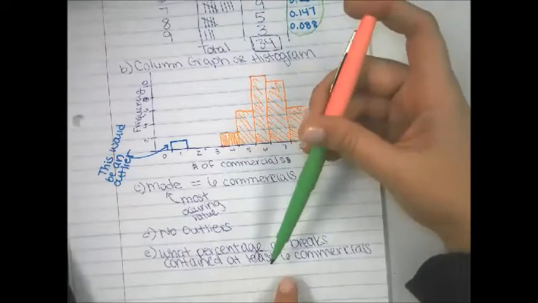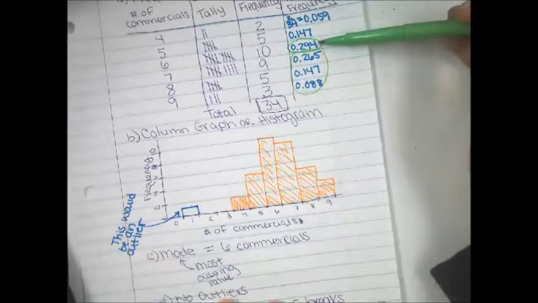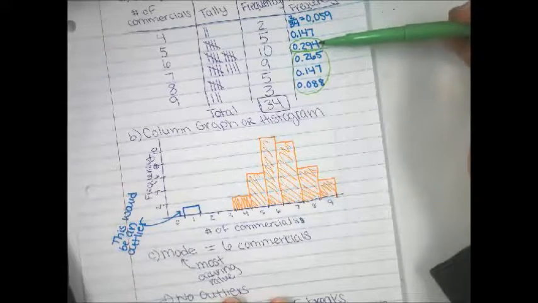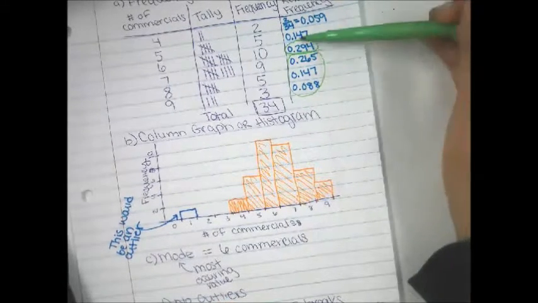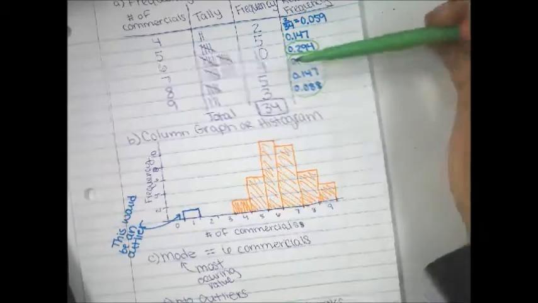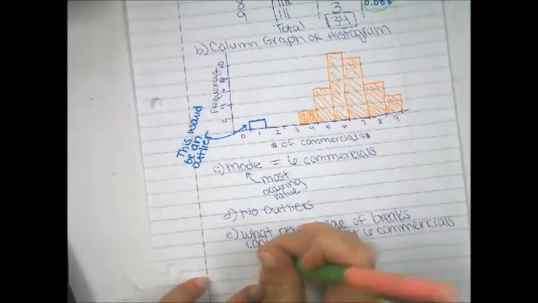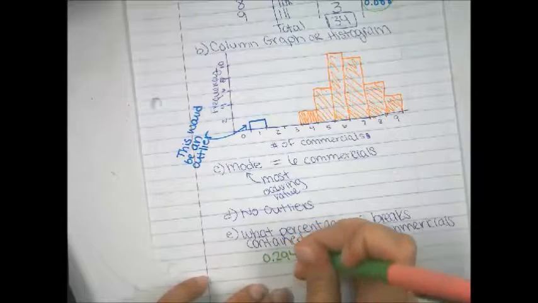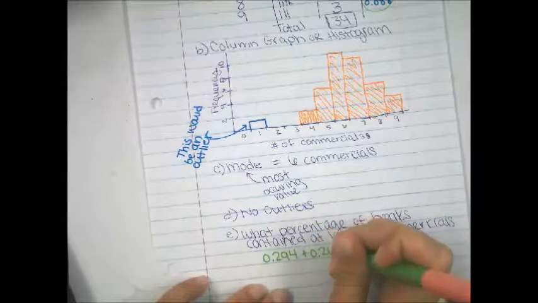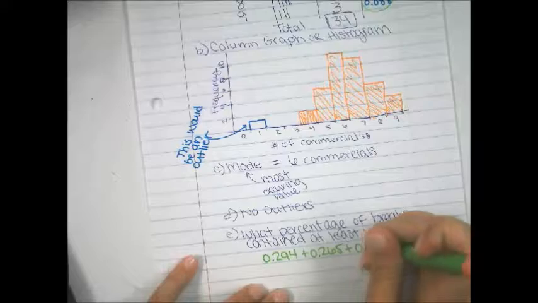So what percentage of breaks contained exactly 6 commercials would be 0.294, would be 29.4%. But for at least, we're looking at all of the numbers above. So I'm going to add those together. So I'm pulling my relative frequencies. There's lots of other ways to do this.